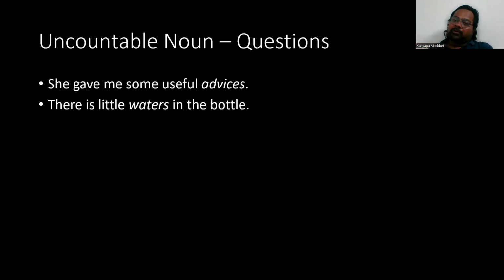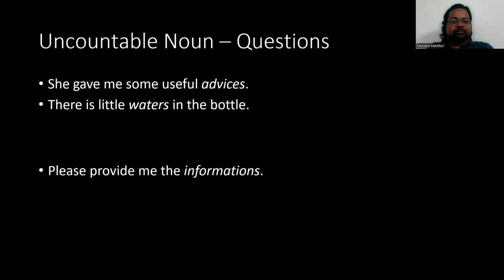It's over. But if you say there is a little water, that means there is some water and you can drink. Just the article a makes the sentence change its whole meaning. When we come to articles, we will discuss it more.